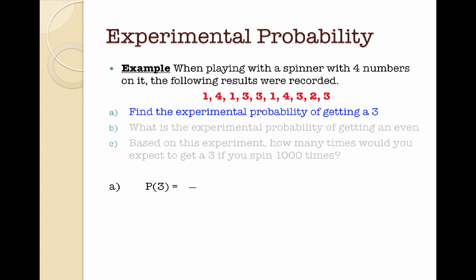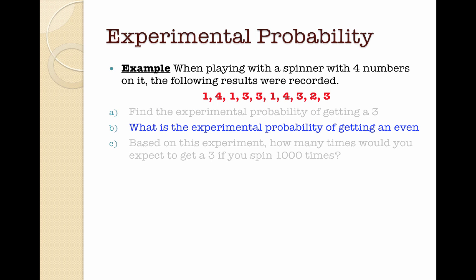So if I count up the 3's, there are 4 of them, and the total number of numbers there is 10. That's the size of the sample space. So the probability of getting a 3 is 4 out of 10, or simplifies to 2 out of 5. This means that if you were to use this spinner and it was consistent, then you would expect every 5 spins you would get 2 3's.